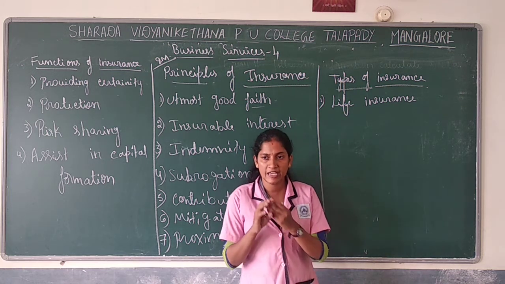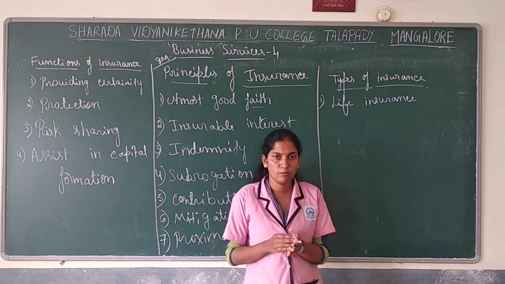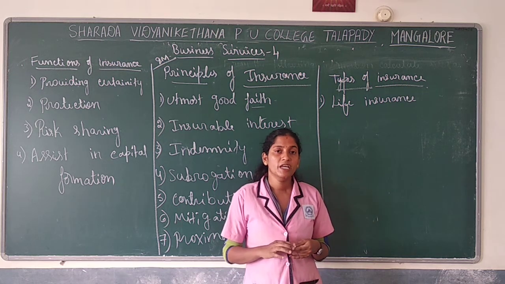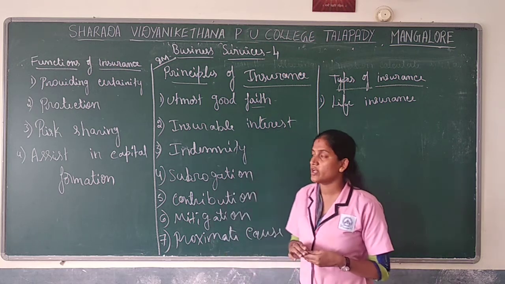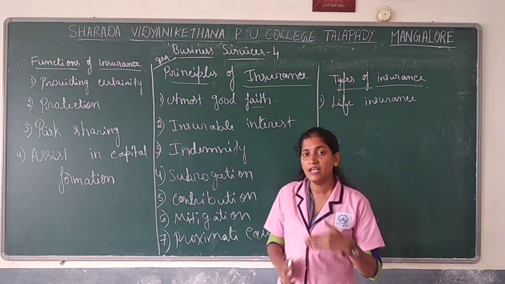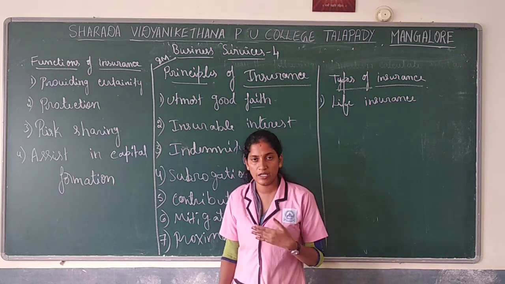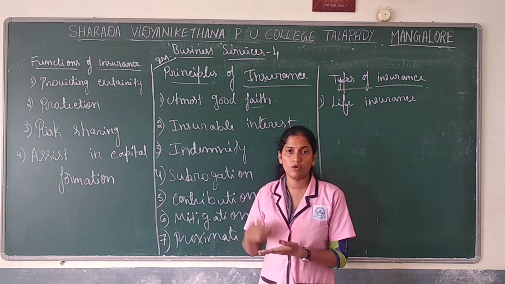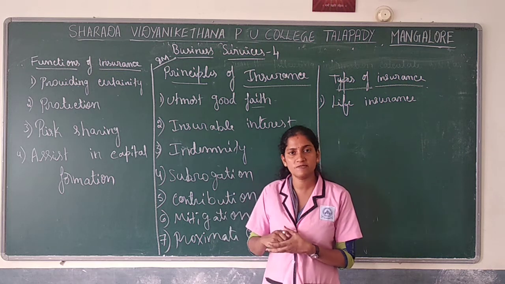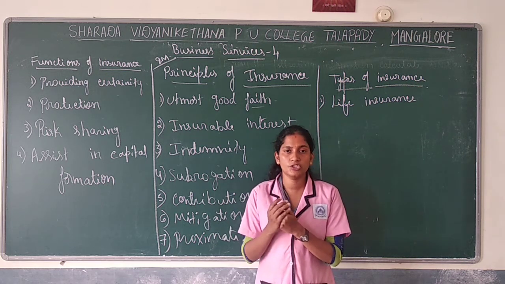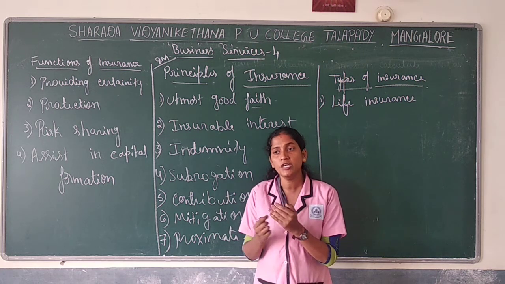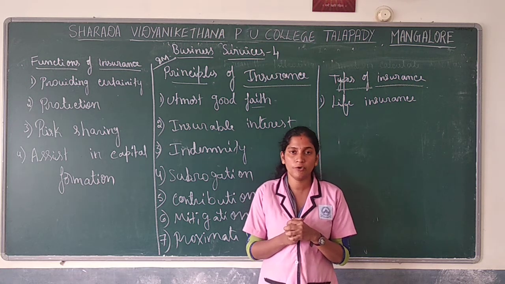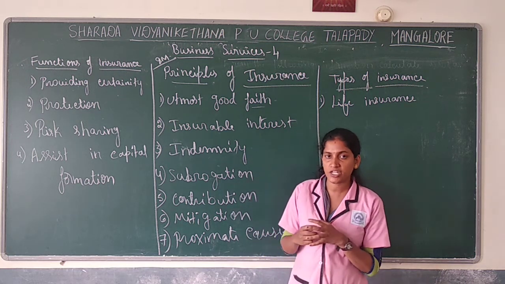Whatever the rules are there in the insurance should be informed. Later on in the future, there should not be any clash or any problem in case of the insurance. Okay, so utmost good faith tells that if there is any problem for the person who is taking, he should disclose. Even the company should disclose its facts. So both should have the trust, and both should inform each other before, for what is the reason for taking an insurance.